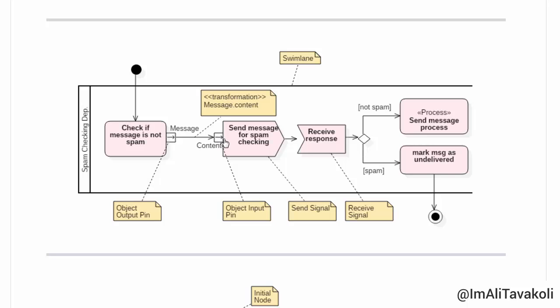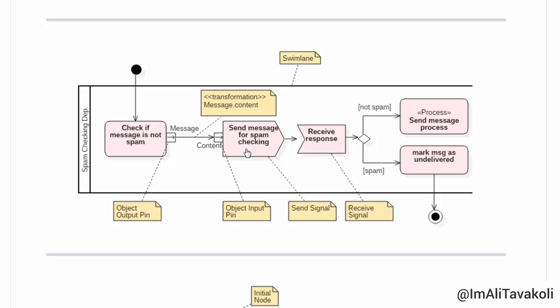So the message is going to move from this action to this action, which is actually a send signal, because we are using a third-party library, for example, in our system. The third-party example is send message for spam checking.